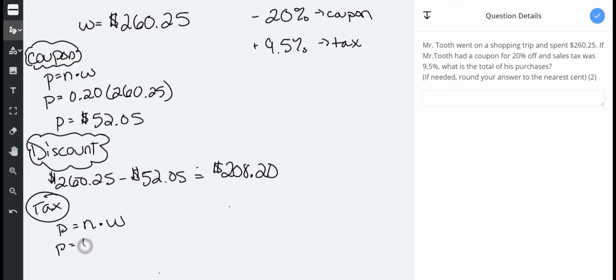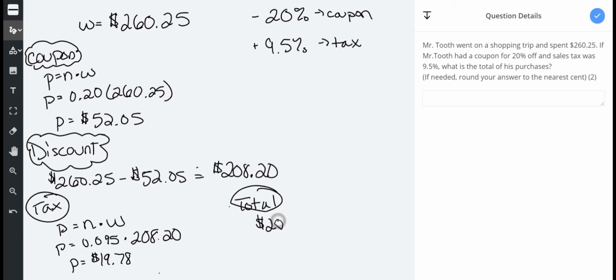So my part equals 0.095 times 208.20. That is going to give me 19.78 when you round to the nearest cent. So $19.78. That is what you're going to have to add for your total.